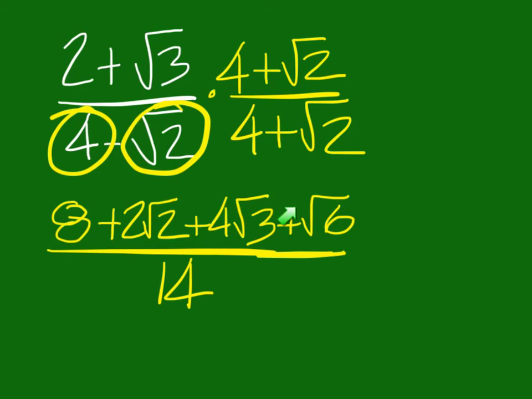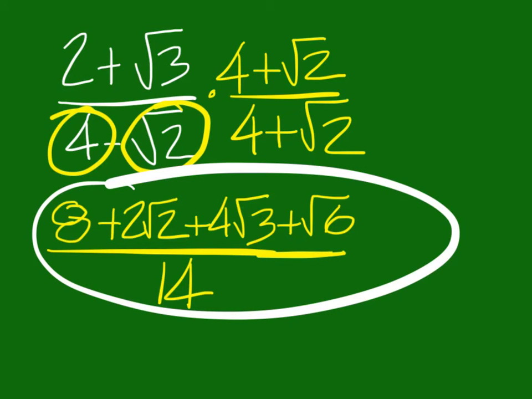Is there a number other than 1 that comes out of all of them? No. So you're finished. This would be your final answer. Also, you would have to check to make sure square root of 2, 3, and 6 cannot be simplified. And they cannot.